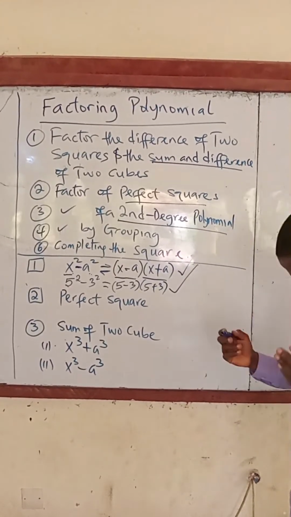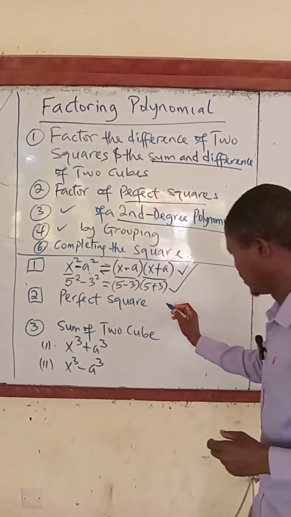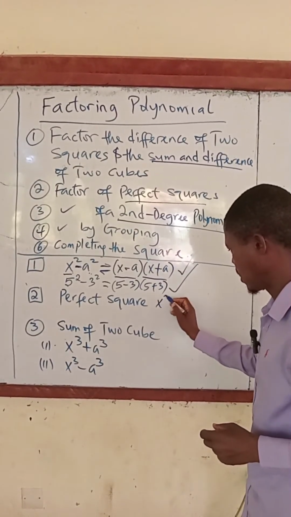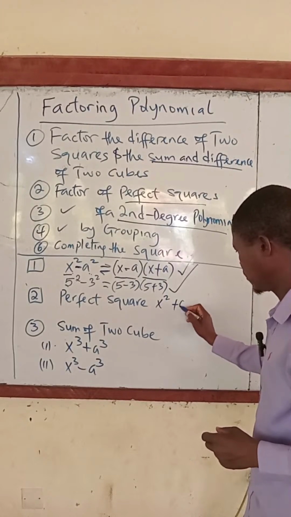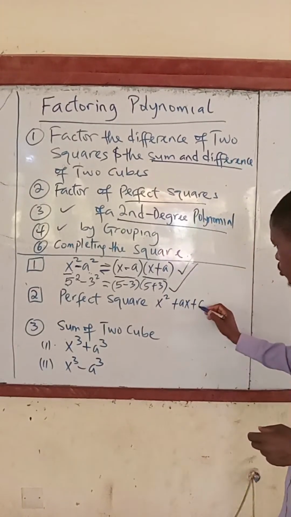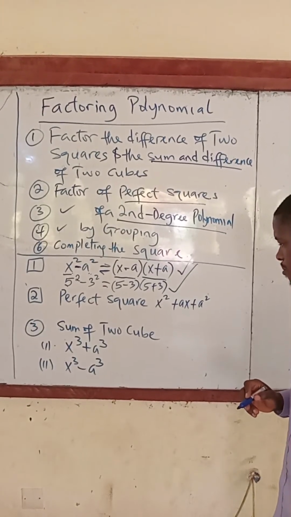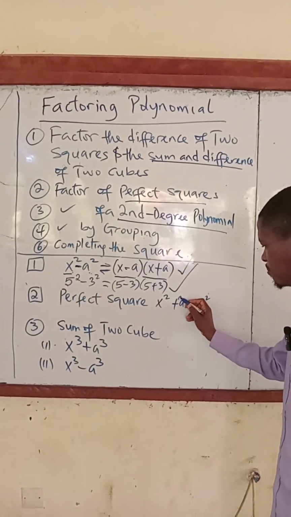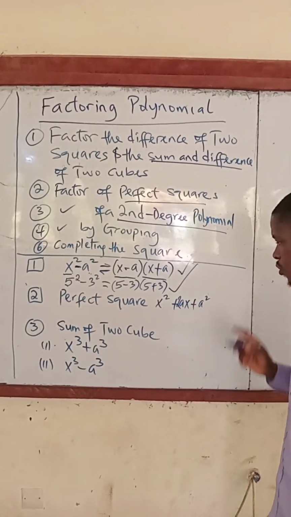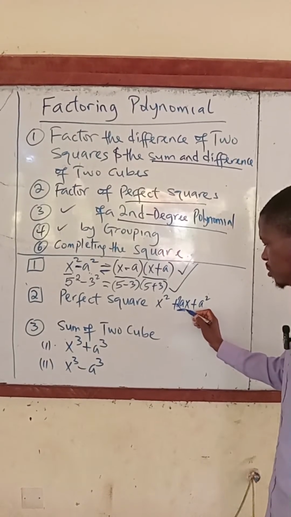For the case of perfect square. Perfect square is this case: x squared plus 2ax and then plus a squared. There is 2 here, and how to get this middle one is very simple.